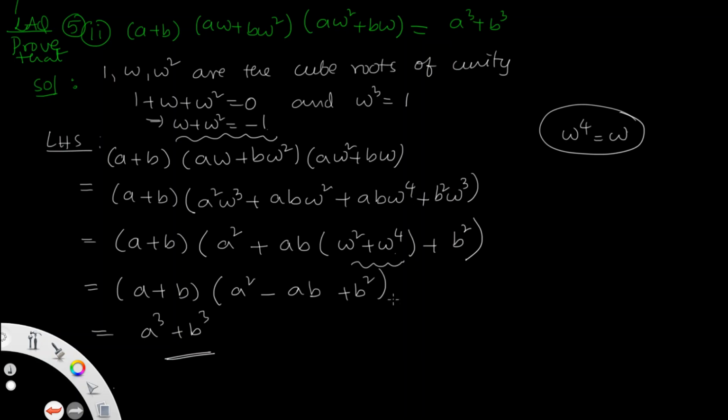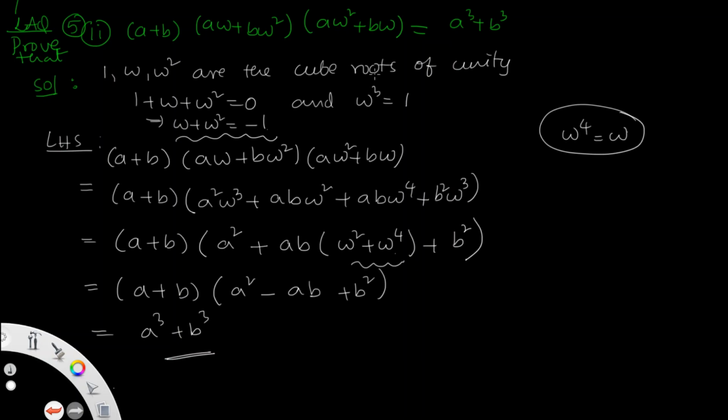So what is the question given? (a + b)(aω + bω²)(aω² + bω) = a³ + b³. So that is a + b, the same thing: a²ω³ plus, by general multiplication, abω² plus abω⁴ plus b²ω³.